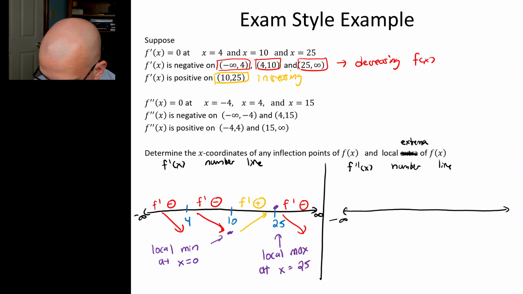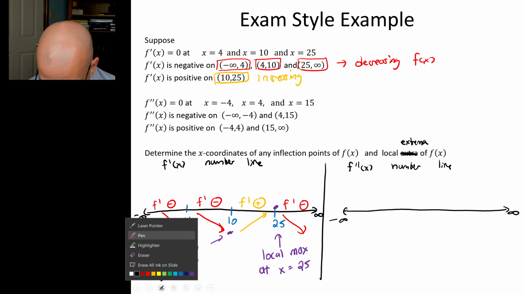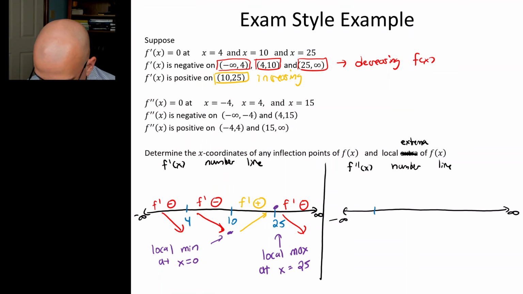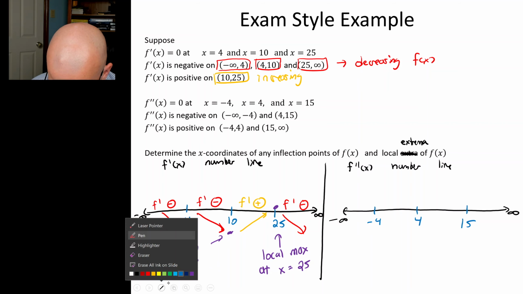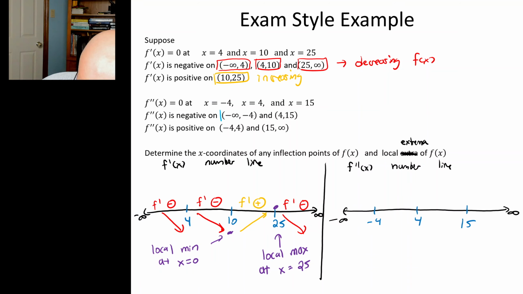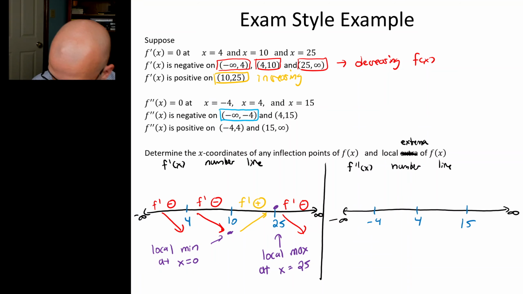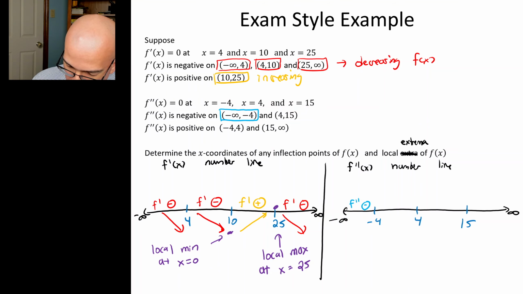Now for our second derivative number line, we go from minus infinity to infinity, and we cut it at -4, +4, +15. Now I'm going to label the pieces. We have a first region from -infinity to -4, which is a negative second derivative, so f double prime negative, so concave down.